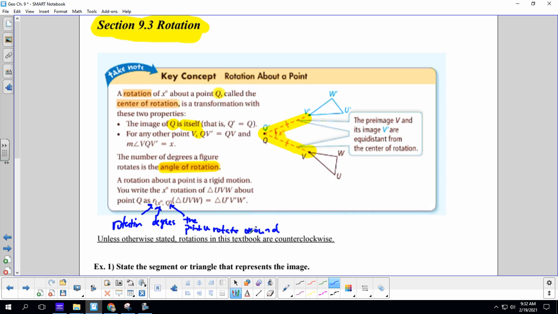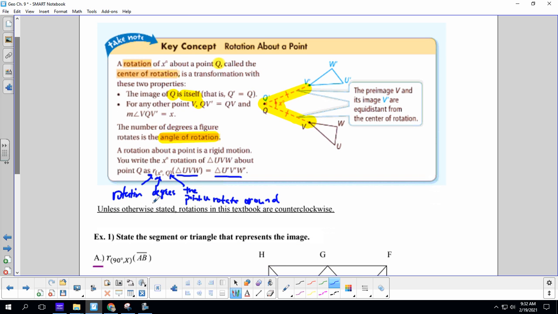Sorry, I'm trying to make it really nice handwriting. Then what goes in parentheses is what is being rotated, and that's going to equal our transformed figure, triangle U prime, V prime, W prime.